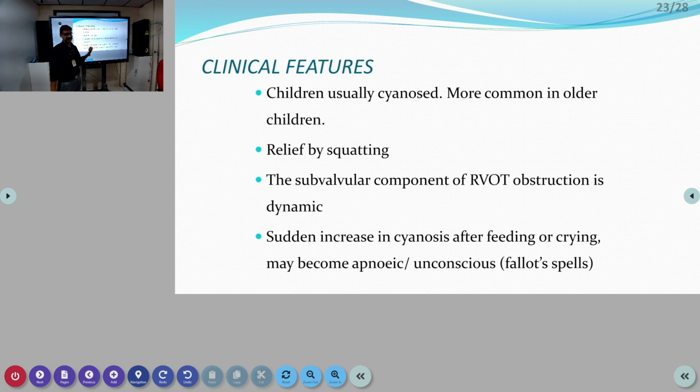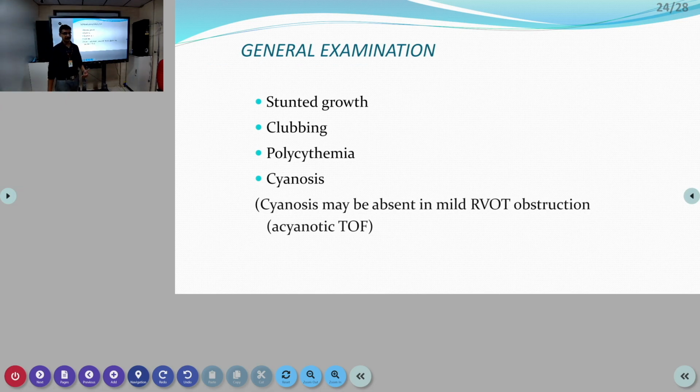The one thing you have to remember is that the right ventricular outflow tract obstruction component is dynamic, and it increases after feeding or crying spells or after fever or pain, and sometimes the patient may become unconscious and fall down once they develop a cyanotic spell. They may become apneic, which is called Fallot spells. So when you take the history, you would get the history of Fallot spells or cyanotic spells from the mother.